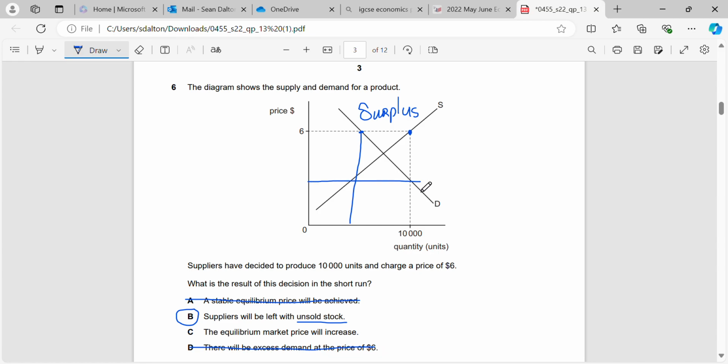Excess demand would be down along this line, where demand would be higher than supply. The equilibrium market price will increase? It's not going to increase because we're in an existing surplus. Equilibrium price is set, and that will only change by changes in demand or supply levels, or changes in the factors that affect demand and supply.